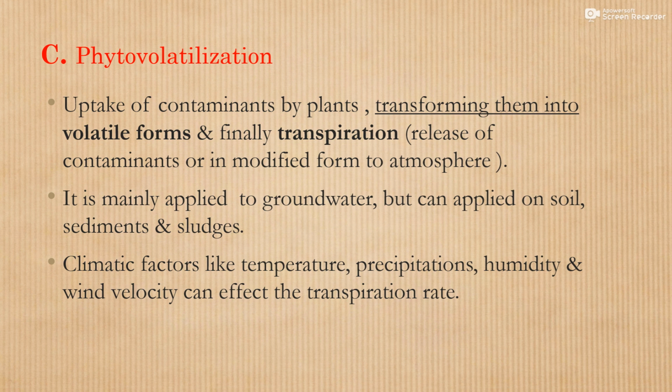It is mainly applied to groundwater but cannot be applied to soil, sediments and sludge. This method depends on climatic factors like temperature, precipitation, humidity, and wind velocity, which can also affect the transpiration rate, that is, the release of these volatile forms into the atmosphere.